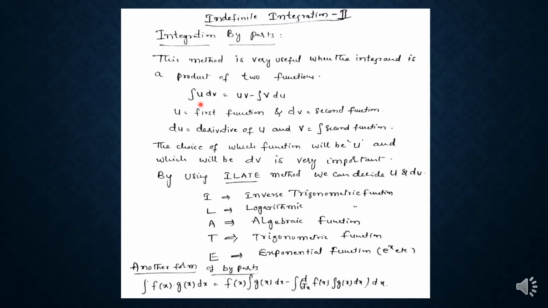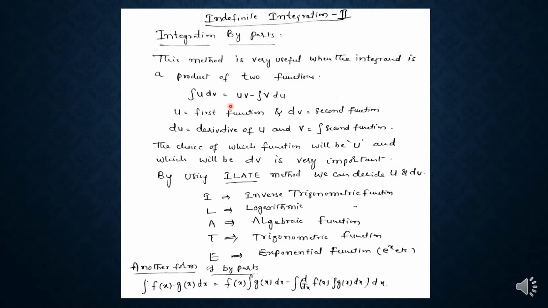Let us take the first function as u and the second function as dv. Then the integral of u into dv, product of two functions, is equal to uv minus integral v du. So the first function is called u and the second function is called dv.